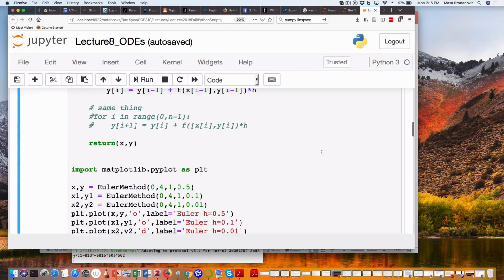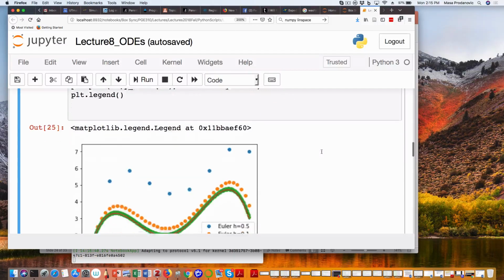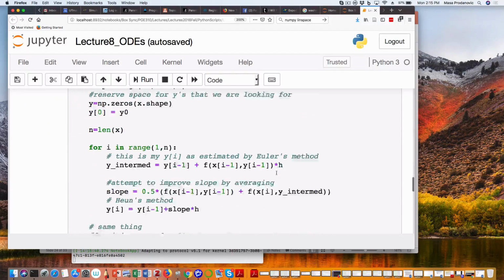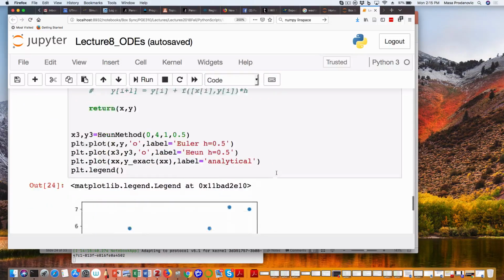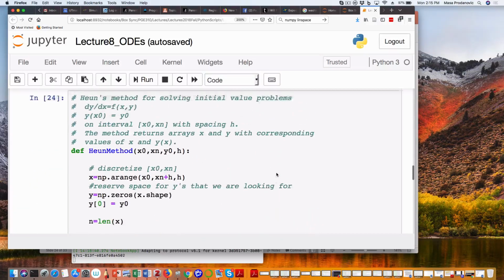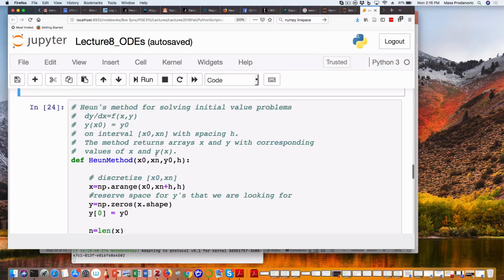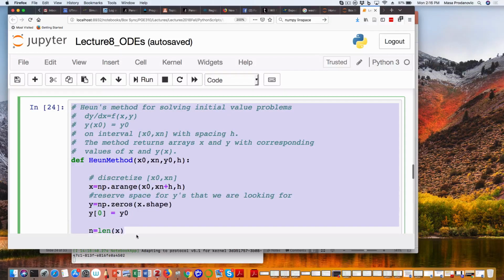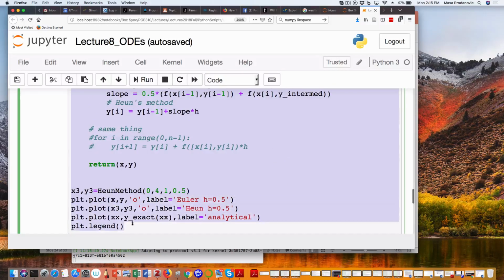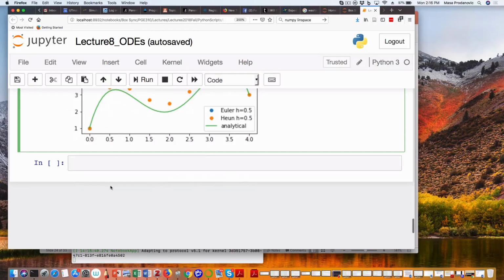Okay, so this was my implementation of Euler's method, and then there's this Heun's method. I'm just going to copy and paste one of the previous ones as a template, and then improve on it.